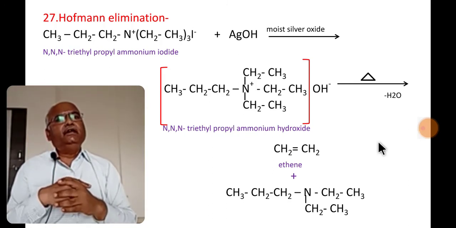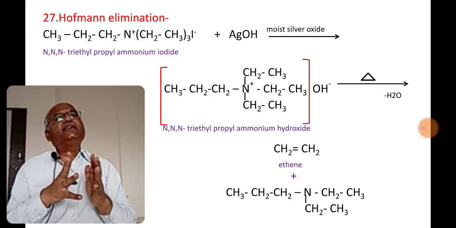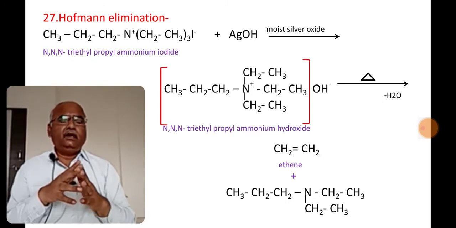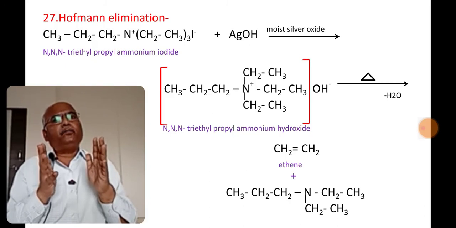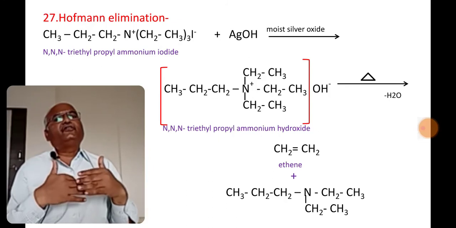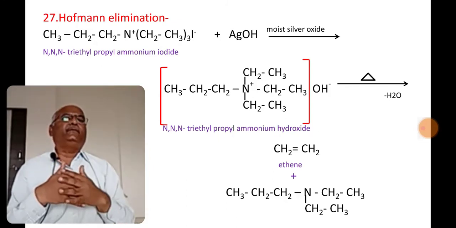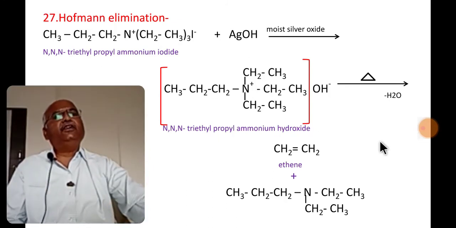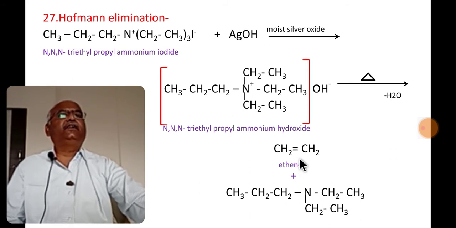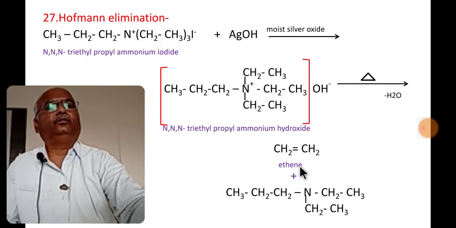According to Hofmann, that alkene is formed which is least substituted. Hofmann elimination takes place contrary to Saytzeff's elimination, and ethylene or ethene, that is the least substituted alkene, is produced.